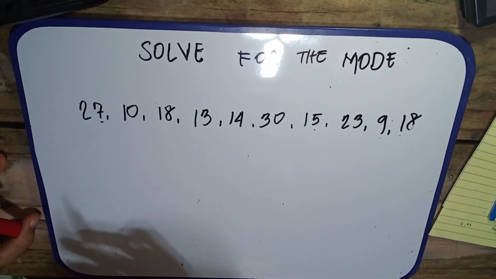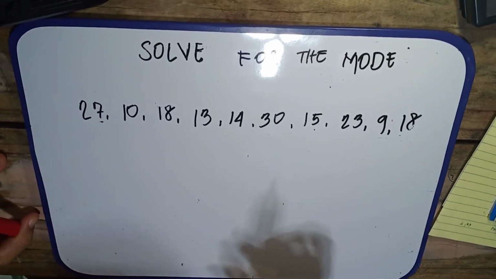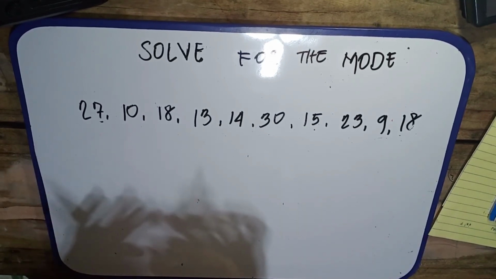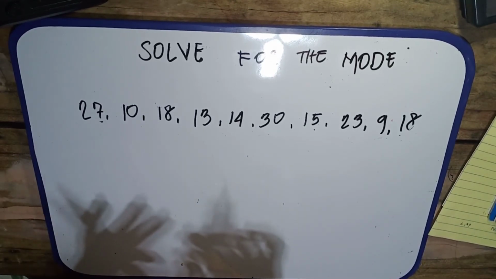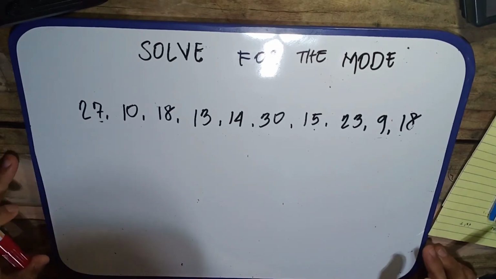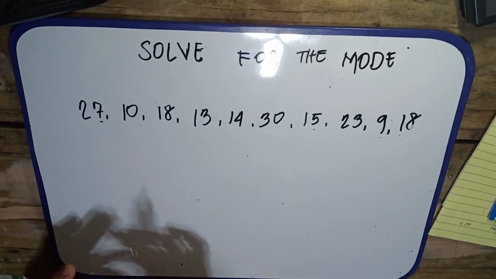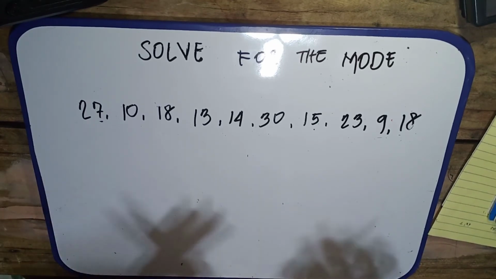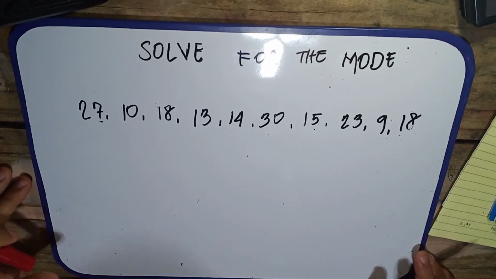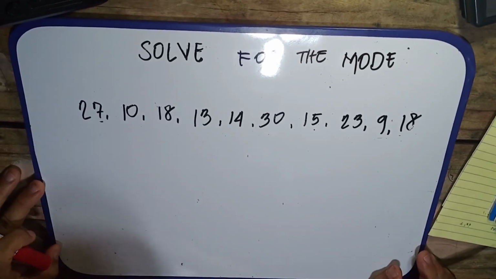We have three kinds of mode: one mode which is unimodal, two modes which is bimodal, and three modes which is polymodal. So how to determine unimodal, bimodal, and polymodal? Okay, so let's get started.